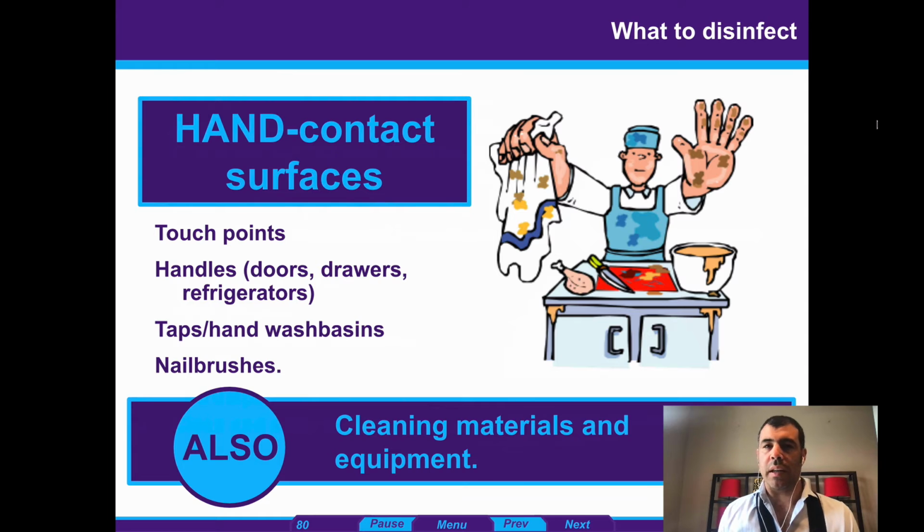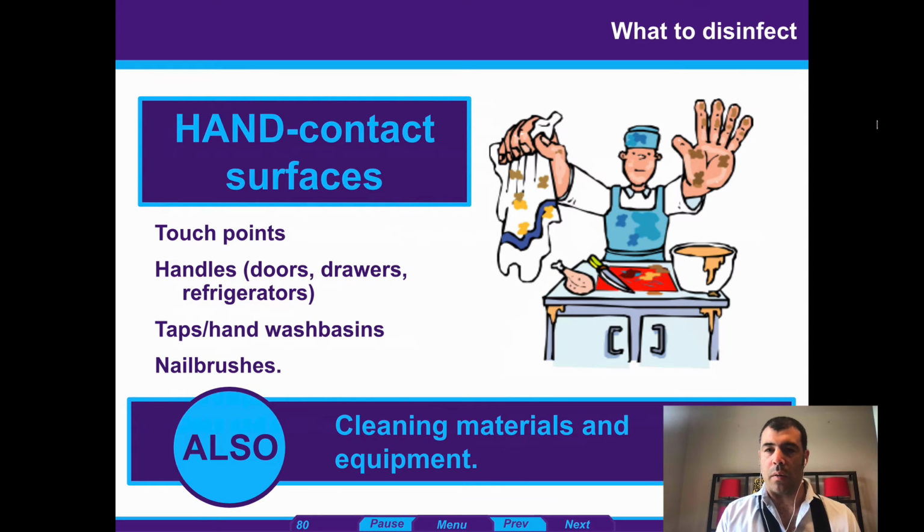You also need to clean and disinfect any hand contact surfaces. So any touch points, any handles, for example doors, drawers, refrigerators, any taps and hand wash basins, and also nail brushes. You also need to clean and disinfect cleaning material and equipment, and that's super important.